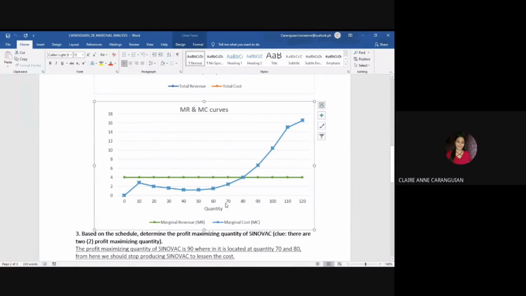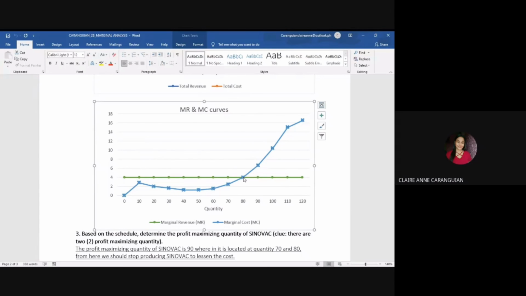So sabi sa figure na isa lang daw. So I choose 80. And here at 80 the MR and MC curves intersect. So they intersect, right? So this means or therefore the marginal revenue and marginal cost is equal to each other.